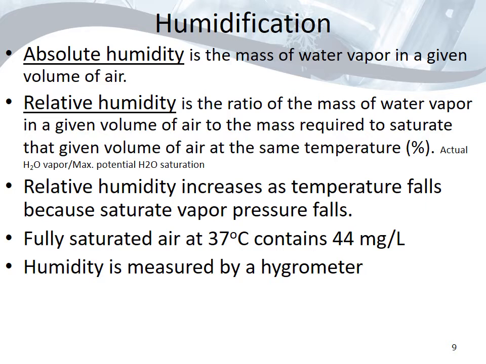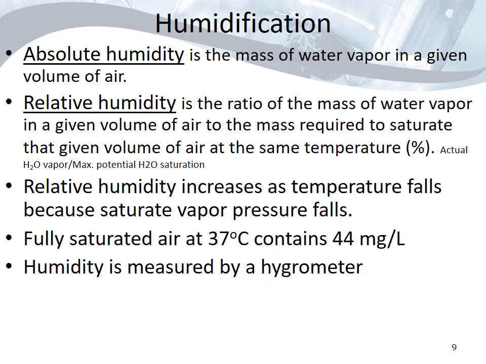What happens to the temperature of that air? It drops immediately. So now we have 44 milligrams per liter of water in the air, but suddenly when that temperature drops, it cannot hold 44 milligrams per liter of water.